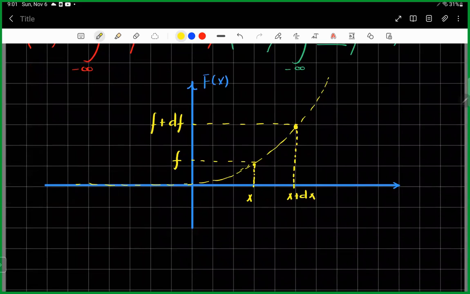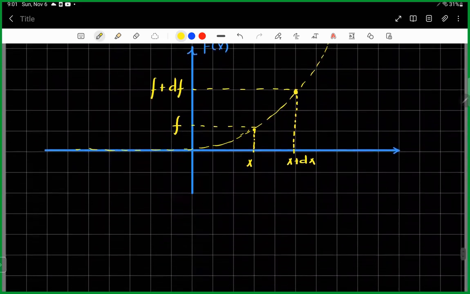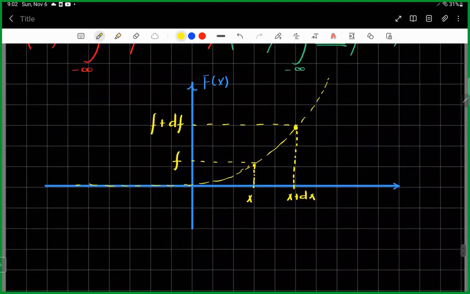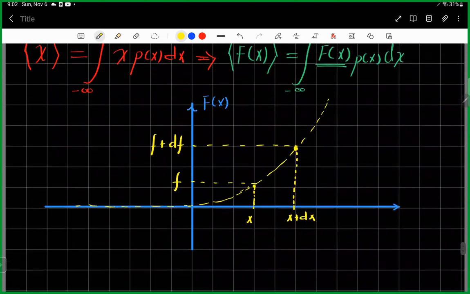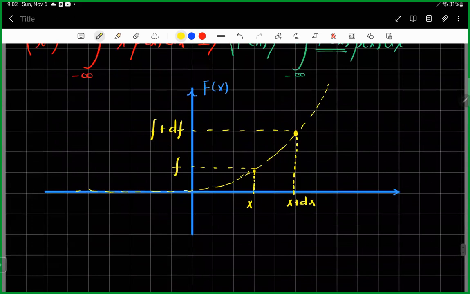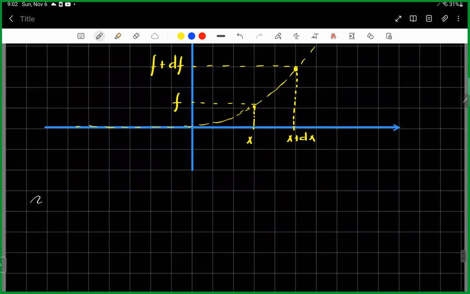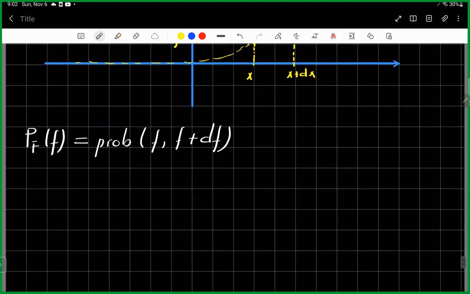Now, what I can actually derive is the following. I can use several points. Let's do this better. So the probability for the function f is just the probability to obtain an outcome between f and f plus df. Okay, very good.